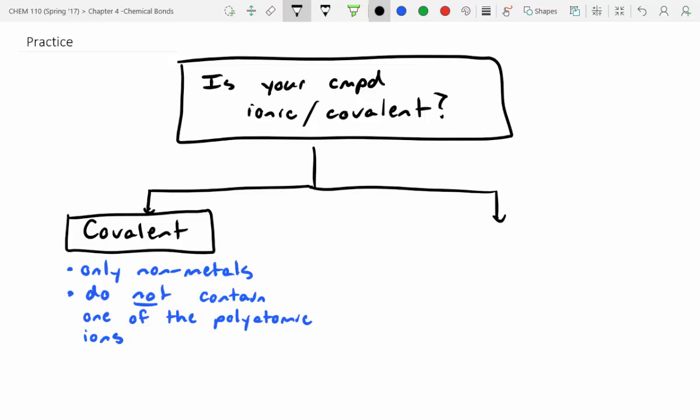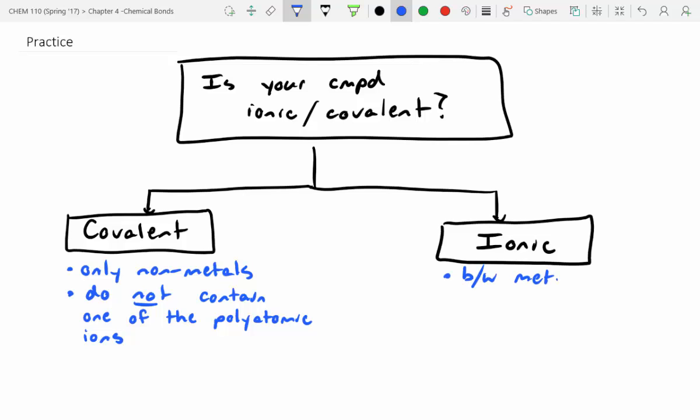Not too bad. And then over here we've got our ionic group. And we said these are usually between a metal and a nonmetal, or contains a polyatomic ion.